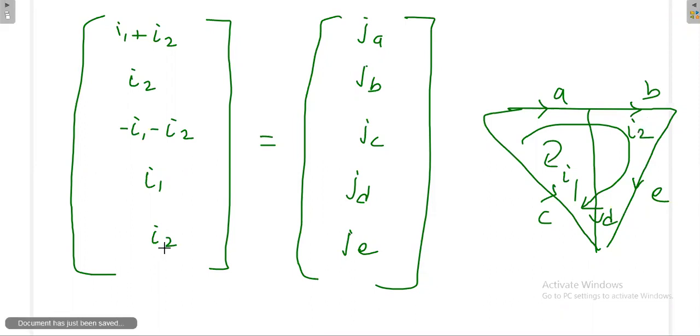So finally it is giving you the relation between the branch currents and the loop currents. Again, this is not the only way, you can also write in a different format. If you take a different tree format, you may get a different answer. Why?